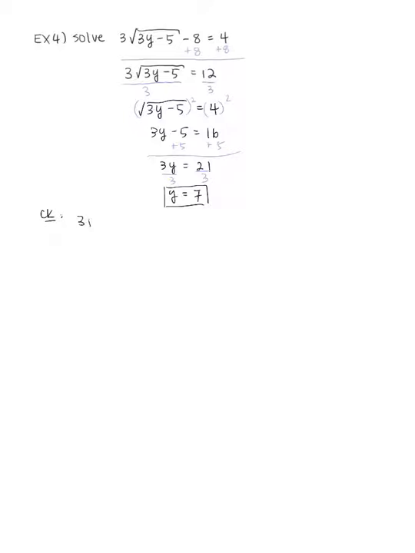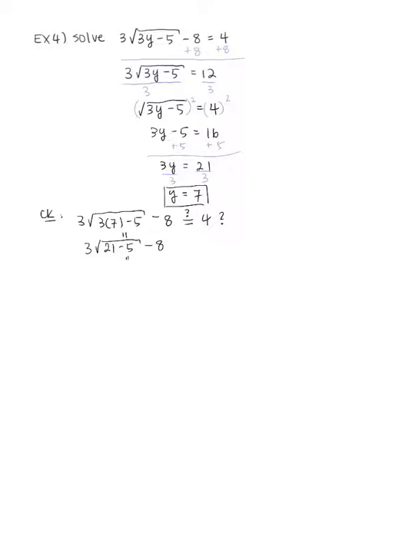So is 3 times the square root of 3 times 7 minus 5, minus 8, going to equal 4? Again, let's start computing the left hand side. Here we get 3 times the square root of 21 minus 5, and then minus 8.